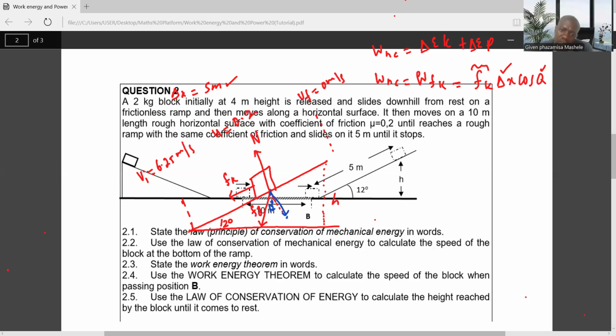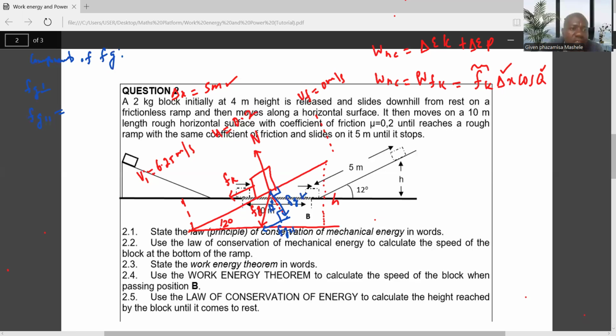We have two heads and two tails. Since it's perpendicular, this will be our Fg perpendicular, and that will be our Fg parallel. So the components of Fg are: the first one is Fg perpendicular, the second one is Fg parallel.